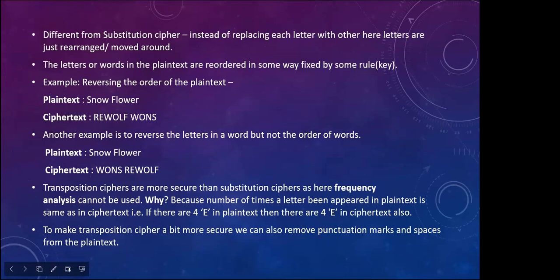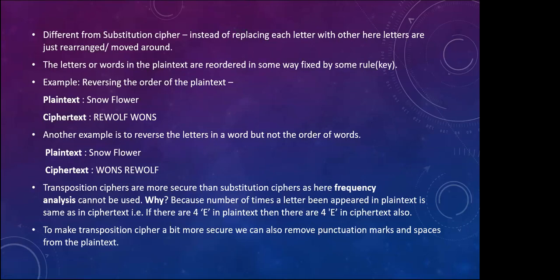Transposition cipher is a little different, but it is also a simple type of cipher. In substitution cipher, we substituted or replaced the letters in the plain text, whereas transposition cipher is nothing but jumbling of the plain text, its words or letters.